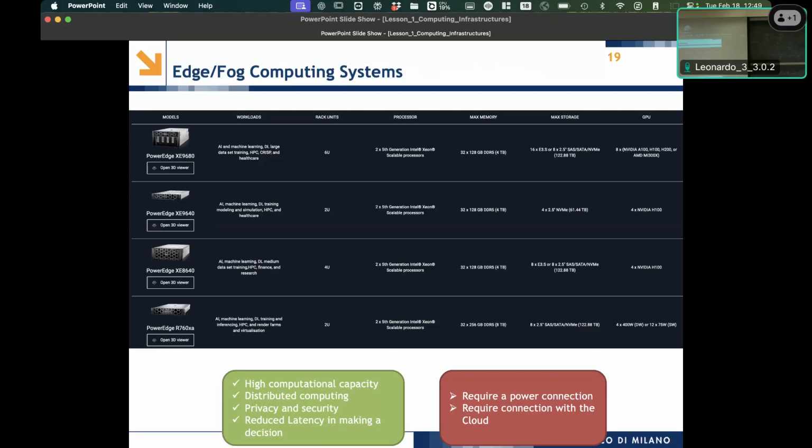The application is still a video processing application where you are trying to identify what's going on in an airport. So, for example, if someone is hitting someone else, you raise an alarm, or you are looking for some specific bad guys that you want to identify.